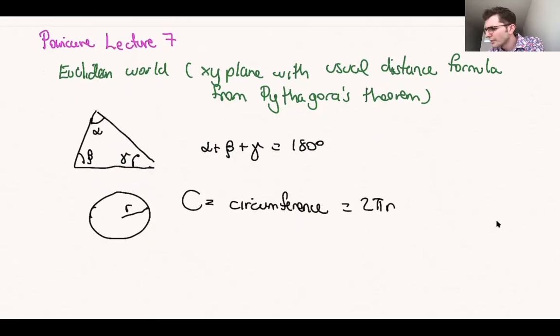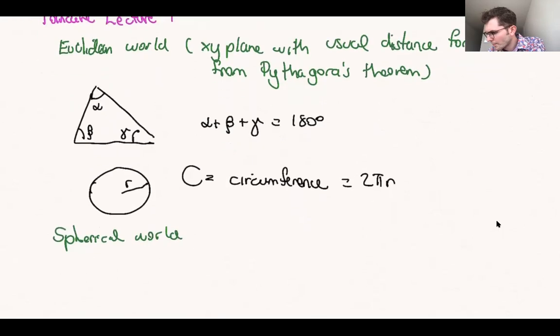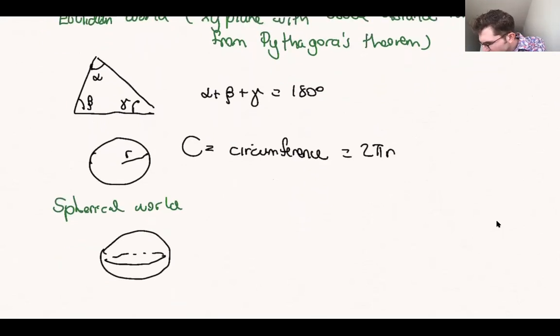And then you also have, for example, the spherical world, where the triangles may now look like this. I mean, bad picture. Triangles may look like this, and then you have alpha, beta, gamma, right?